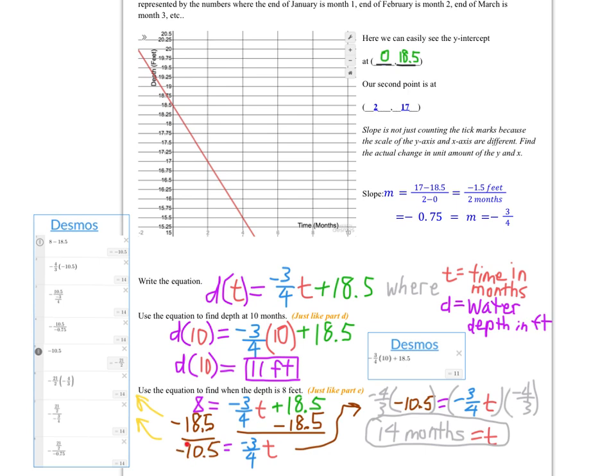Instead of leaving the negative 10.5 as a decimal, I could have turned it into a fraction. We can hit the fraction button right here next to the negative 10.5. That turns this into a fraction. So negative 21/2 is a fraction of negative 10.5. Could have taken the number negative 21/2 and multiplied by the negative 4/3, still 14. Or even taken the negative 21/2 and divided by the negative 3/4.